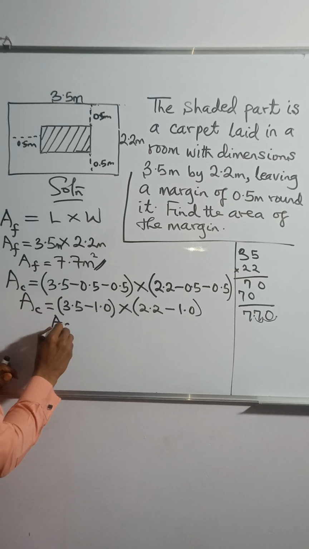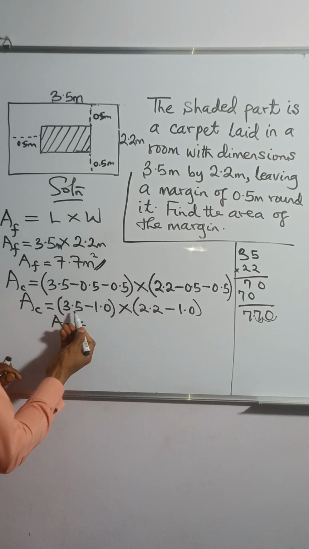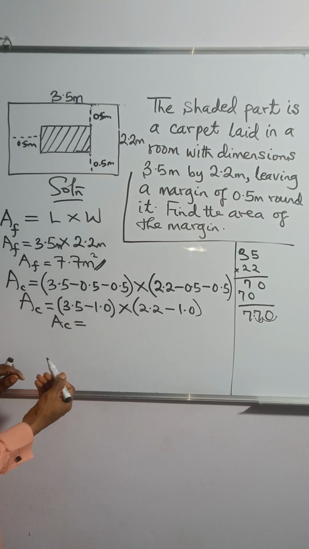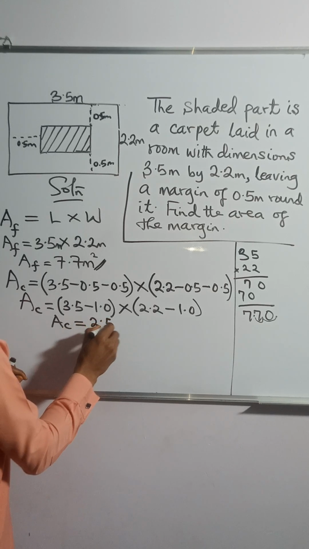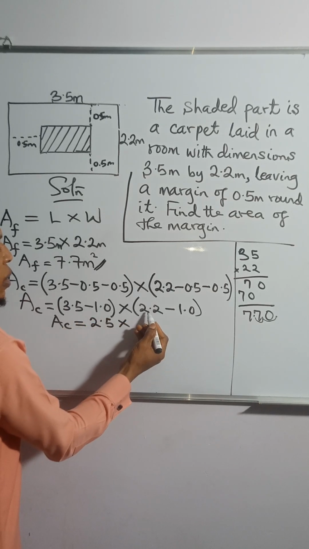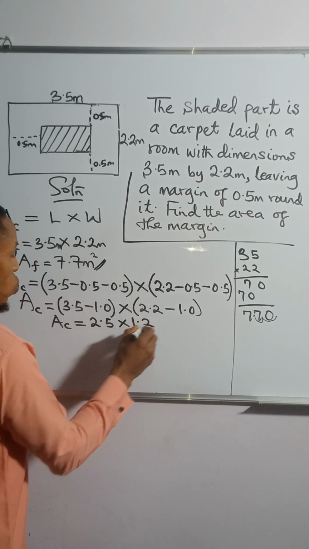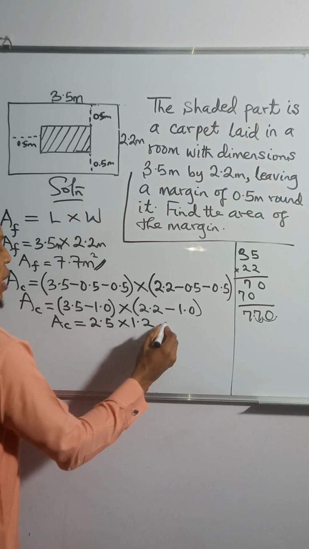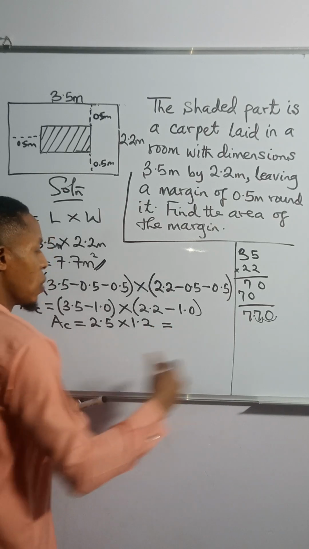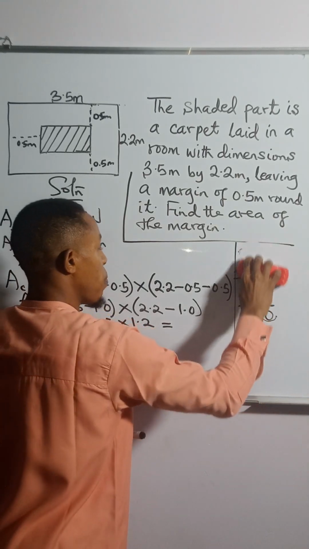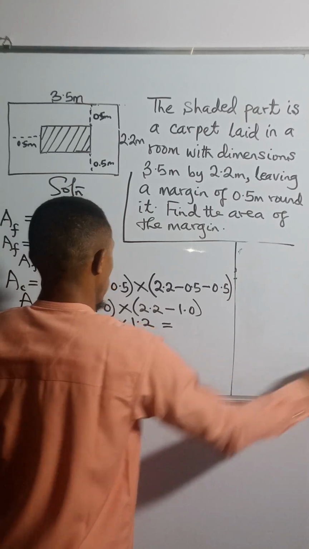Therefore, the area of the carpet will be equals to 3.5 minus 1.0 is 2.5 multiplied by 2.2 minus 1.0 is 1.2. Now, when you multiply these two, let's multiply it. 2.5 multiplied by 1.2.